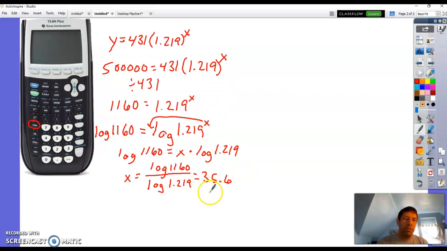So 35 days wouldn't be quite enough, so we'd have to say 36 days. And if it's 36 days, March has 31 days, so we'd need 5 more days after that. So we'd be saying approximately April 5th. So if this exponential growth were to continue, we could expect that on April 5th, we'd have about 500,000 cases.